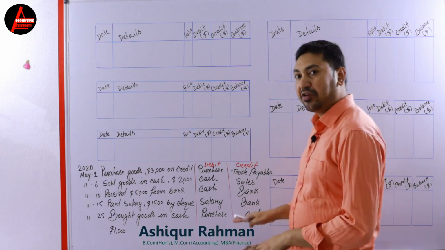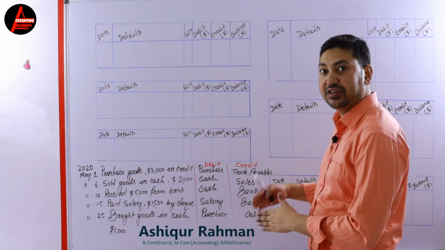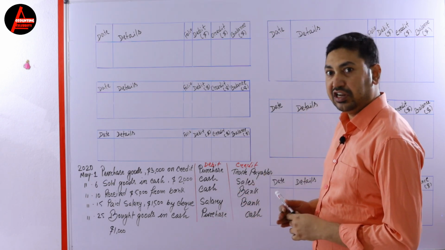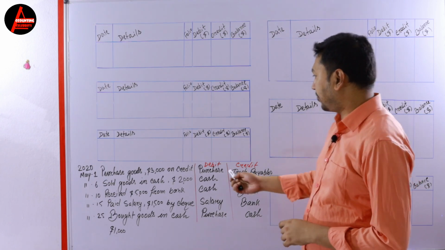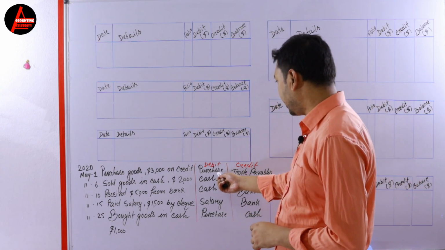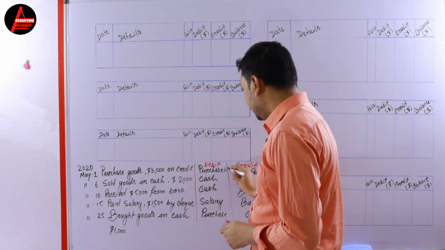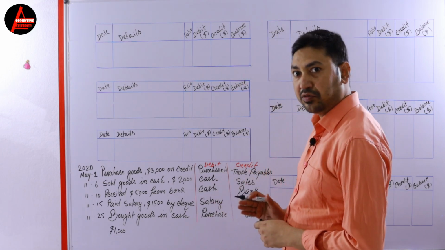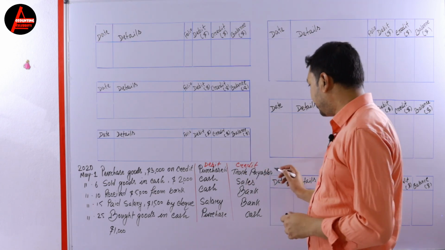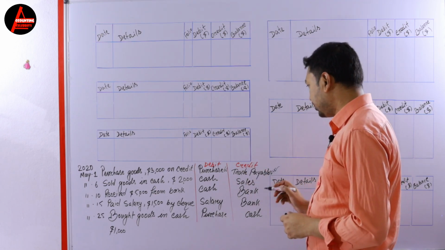Now we have to extract for which accounts we should do the ledger. Look here. First of all, we have a purchase, so we have to prepare a purchase ledger. Take every common and uncommon ledger. Then we have trade payables, yes, we have to prepare a ledger for it.